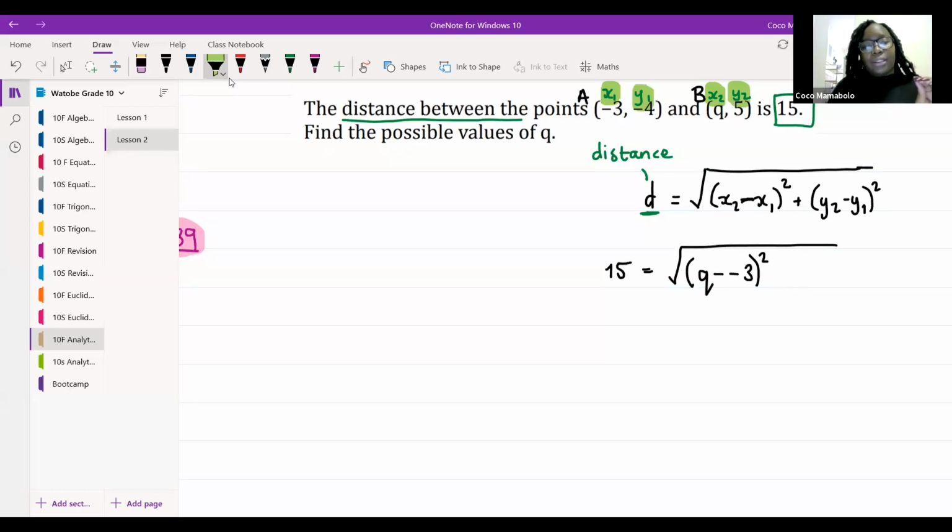The only thing is that if I have X1, the Y coordinate right next to it also needs to be Y1. So I can't switch them around. If I decide that this one is X1, the one right next to it is automatically Y1. So it's okay if A is X2 and Y2 also. Absolutely, we're going to get to the same answer. Okay, thank you.